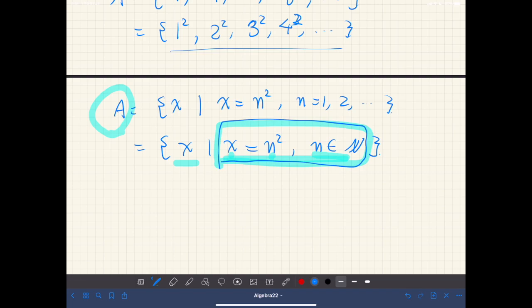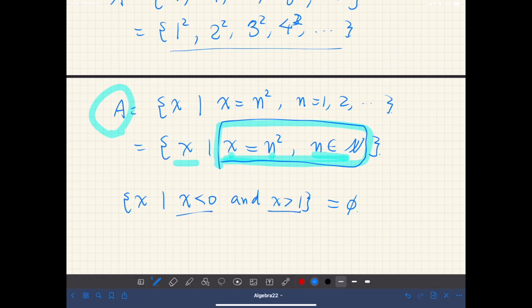And another example is, let's say, the set of x where x is less than 0 and x is greater than 1. Obviously, this set is actually empty because no number satisfies this and this.